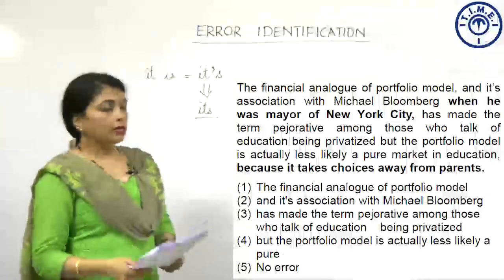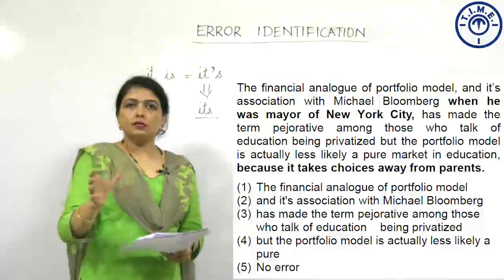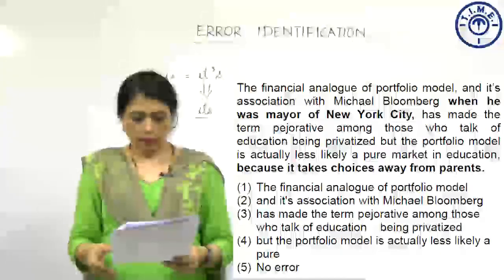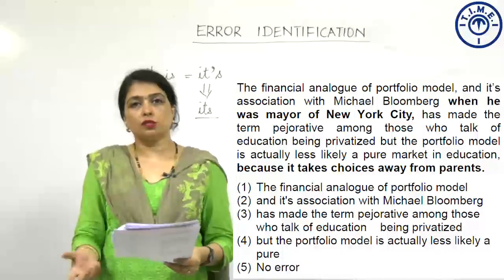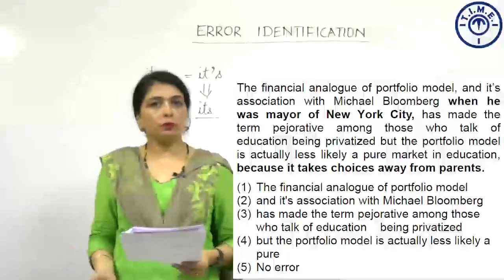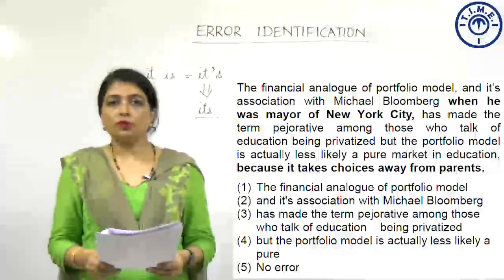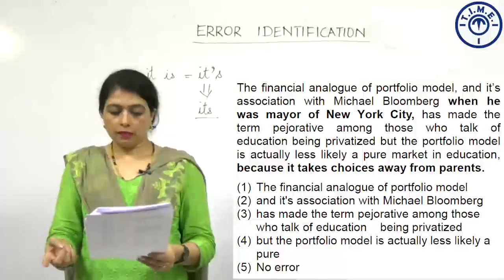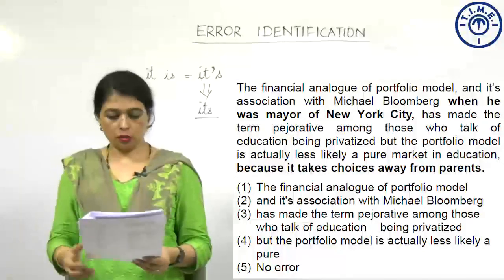So while its is a pronoun, it's is the contraction of it is. Now in this, we cannot have an "it is association" with Michael Bloomberg, which would be grammatically incorrect. So we have to change it to the pronoun form, its. We understand this also has an error and it cannot be your answer choice.